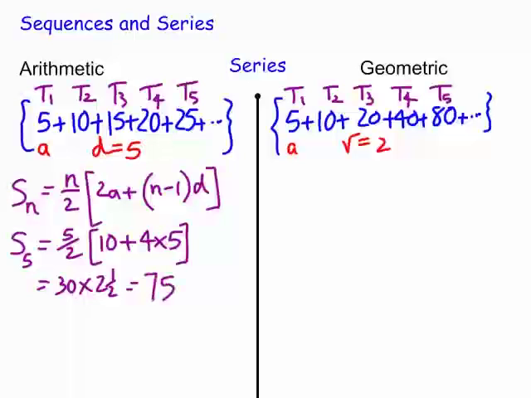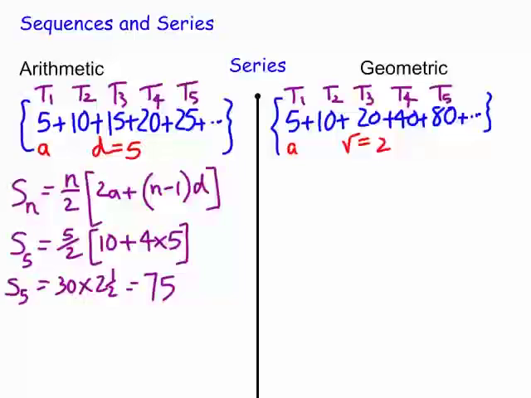So in fact, the sum of 5 terms is 75 using the formula. Now, you can actually just do this manually: 25 plus 20 plus 15 is 60, 50, then 10 is 70, and then 5 is 75. So you can just add them up manually if you want.